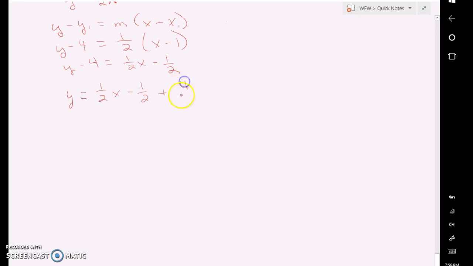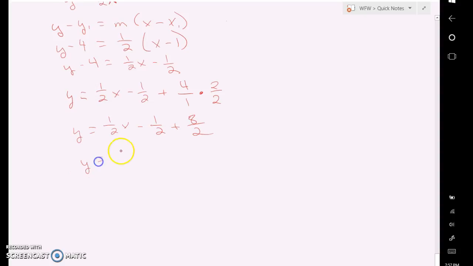I'm going to put it in the form of 4 over 1. 4 is the same thing as 4 over 1. I need to make it have a denominator of 2, so I'm going to multiply that 4 over 1 by 2 over 2. And that gives me, multiplying numerators and multiplying denominators, 8 over 2.